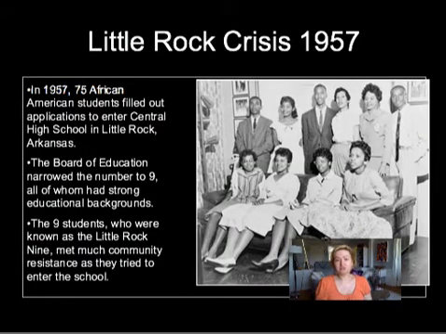Okay, so another important example at a high school level was the Little Rock crisis in 1957. In 1957, 75 African American students filled out applications to enter Central High School in Little Rock, Arkansas. The Board of Education narrowed this number to 9, all exceptional students with great educational backgrounds and good grades.